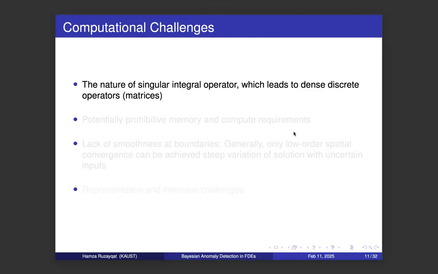Okay, so in order to use this fractional Laplacian, we have to deal with some challenges. First of all, this is actually a singular integral operator, and when you discretize it, you will end up with dense discrete matrices.